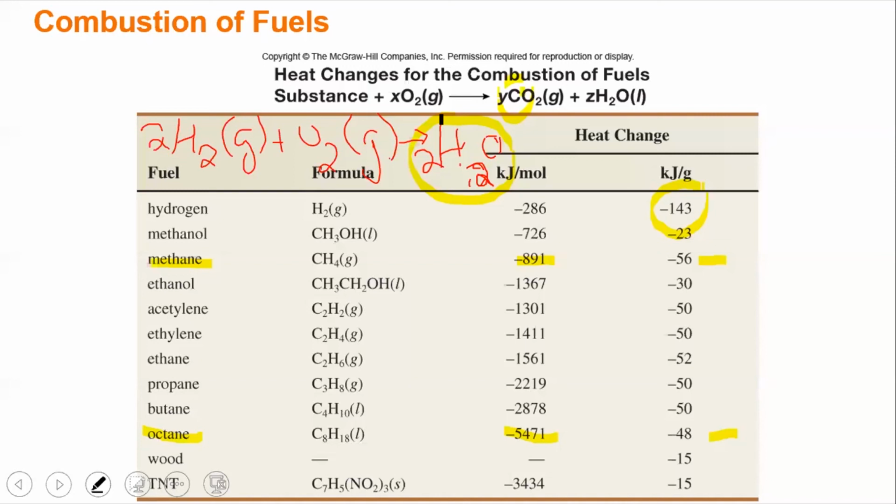But realize that a combustion reaction is a redox reaction. It's electrons being transferred. And you can see where the hydrogen is going to be oxidized, and the oxygen is going to be reduced. So essentially, that transfer of electrons is what is responsible for that release of energy that we're talking about here.